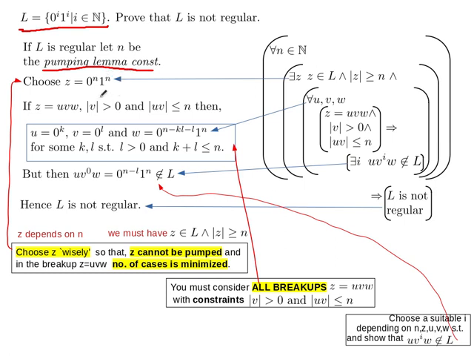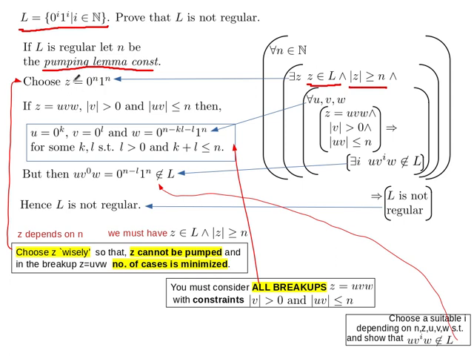So we choose this z to be 0 to the N and 1 to the N, and you see that this z depends on N, obviously. Also we must have these constraints, right? So z must be a string in the language, and its length should be at least N. Both are satisfied because of 0 to the i, 1 to the i.